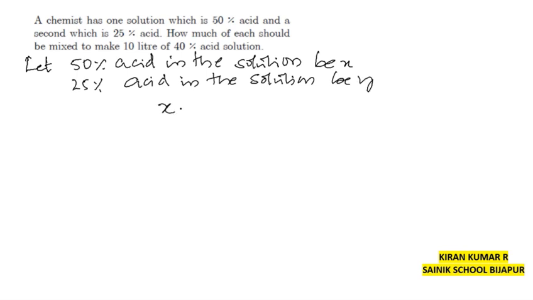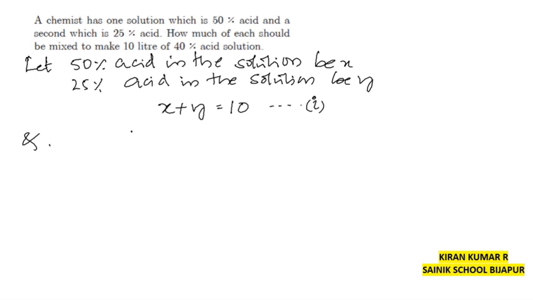The total volume of these two solutions is 10 liters. So let me call this equation 1. And if the volume of the first solution is x, the volume of the second solution is y.